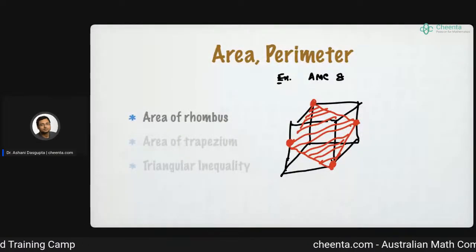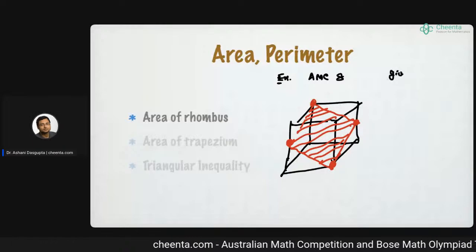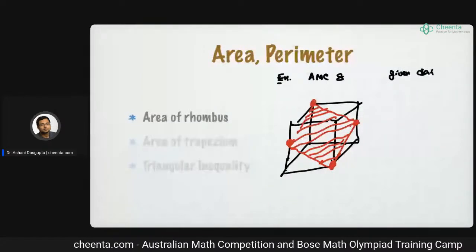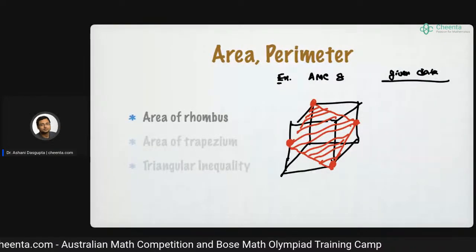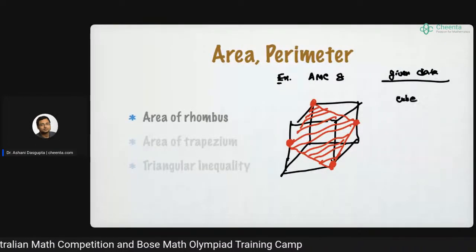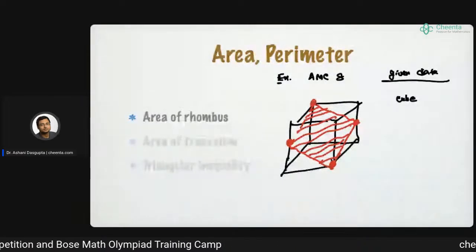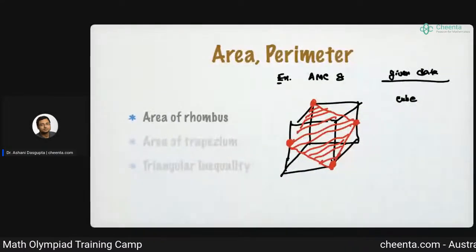So those of you who have not seen this problem, here is the given data. This is a cube. Cube means all the sides are of equal length.